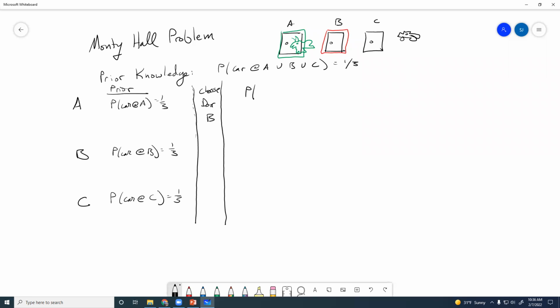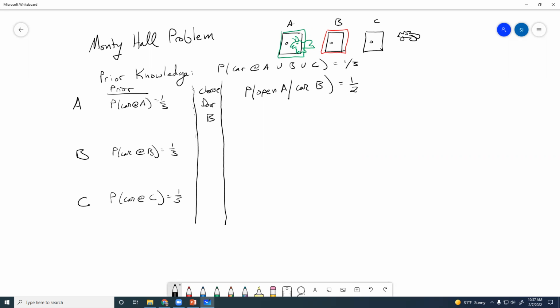The probability that Monty would open A given that the car is in what we chose, B. What's that probability? You chose B, what's the probability he would open A? Yeah, 50-50, it's just 1/2.